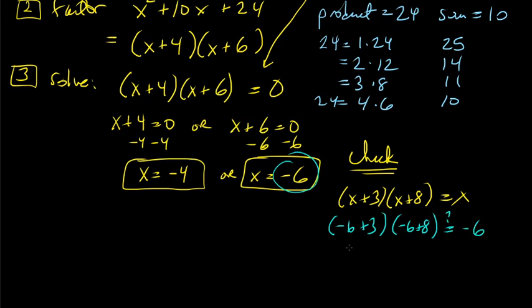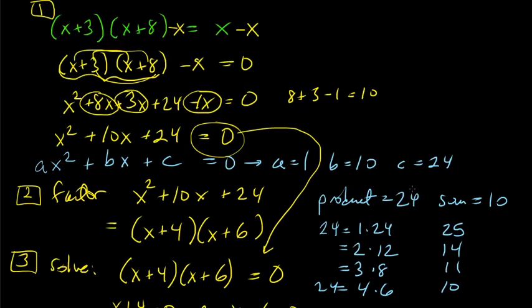Well, let's see. Negative 6 plus 3 is negative 3. Negative 6 plus 8 is 2. And sure enough, negative 3 times 2 is negative 6. So negative 6 equals negative 6. So we know that negative 6 is correct. And even though I didn't check it, you should check yourself that negative 4 is also correct. Just because one works doesn't mean the other has to work. You really should check both separately.